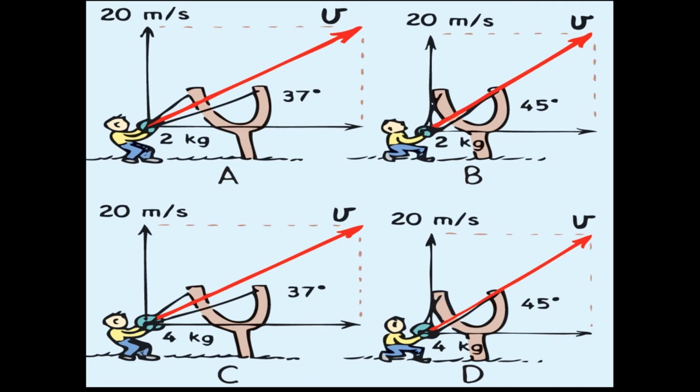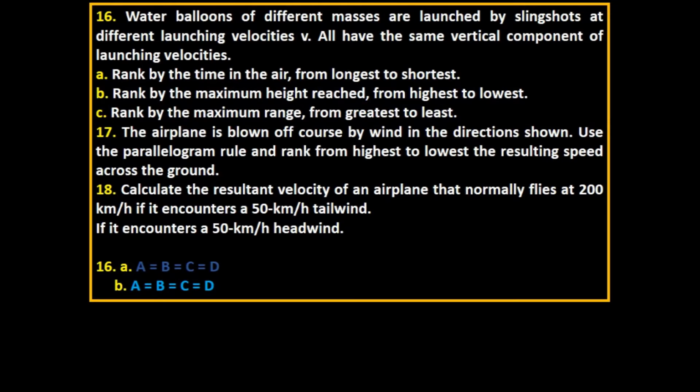So A will be 2 seconds, B will equal 2 seconds, C will equal 2 seconds, and D will equal 2 seconds. So what can you conclude, even though the Vx is going to be different in each of these? Notice that there's a mass given. Masses are completely irrelevant. So 2 seconds up, 2 seconds down, 2 seconds for all of them.